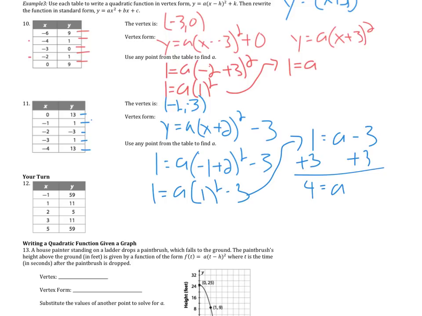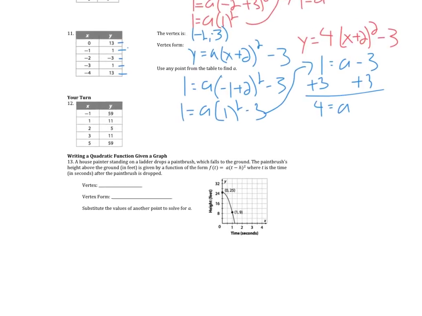You'd have to divide by whatever that number is, and then that would give you your a value. But choosing correctly, it saves us a little bit of work. We don't have to do that. So for this one, our equation would be y equals 4x plus 2 squared minus 3.